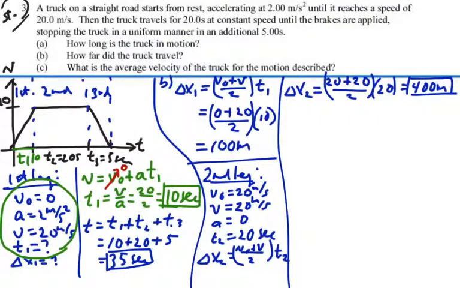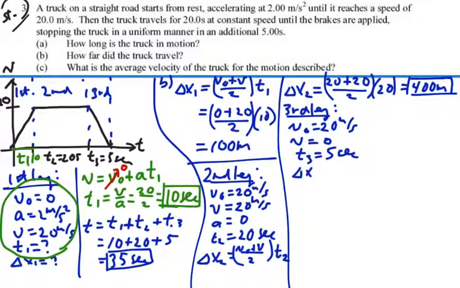What about the third leg? What do we know about that? Our initial velocity is 20. Our final velocity is 0 because we came to rest. We slowed down over a time of 5 seconds. And we want to find our displacement. We don't know our acceleration. We don't know our displacement.